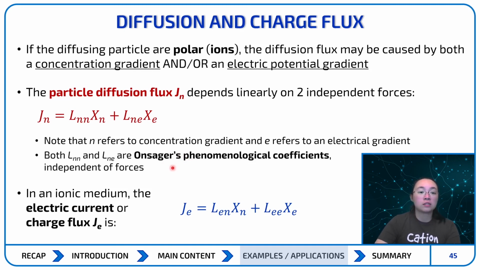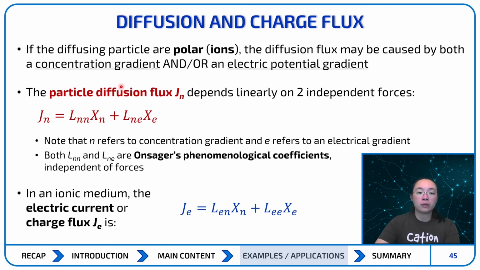So these are just coefficients that are being used to represent a proportionality constant for different ions and different types of gradients. In an ionic medium where there is an electric potential gradient, we now consider Len times Xn plus Lee Xe, and this gives us the electric current or charge flux, Je.